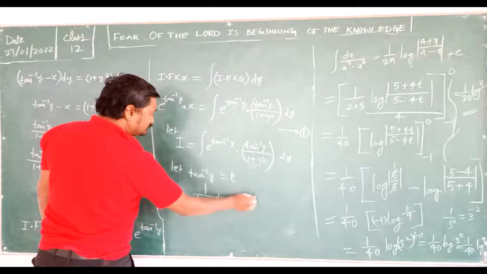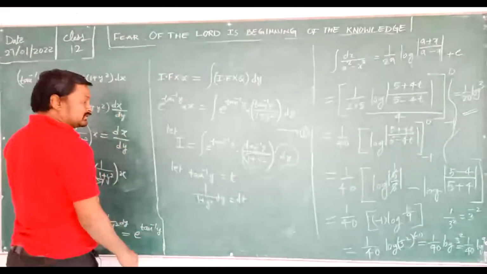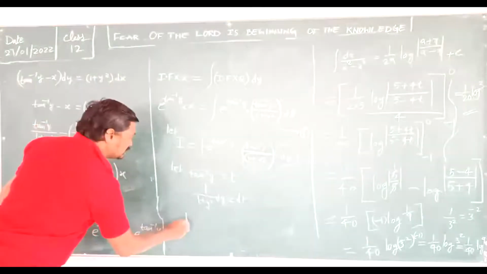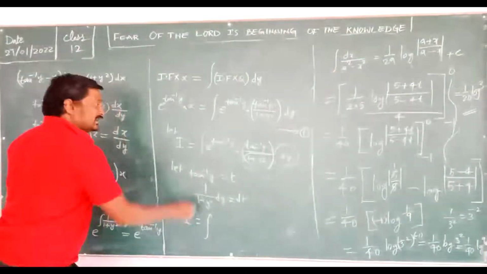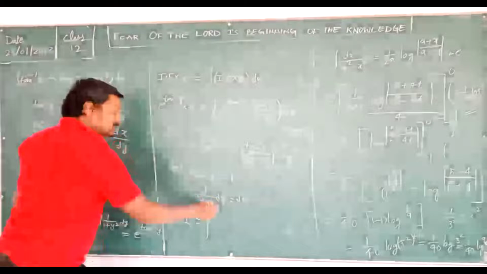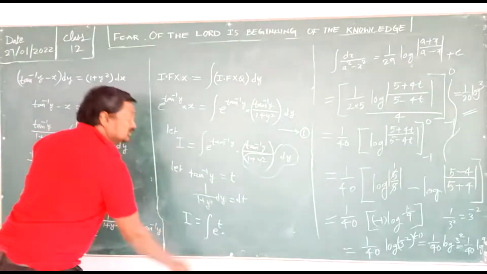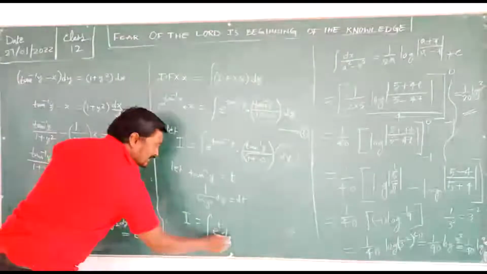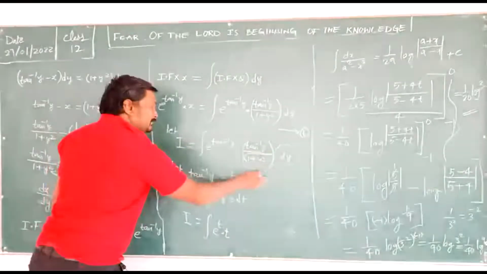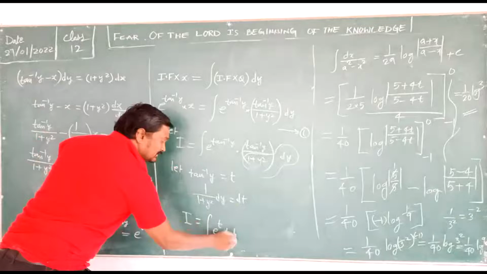That means the complete part is going to be dt. Now substitute: I is equal to integral e to the power t into dt.